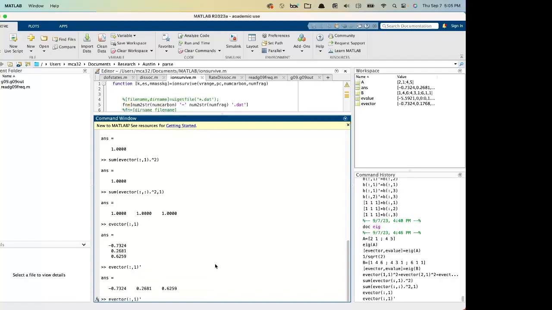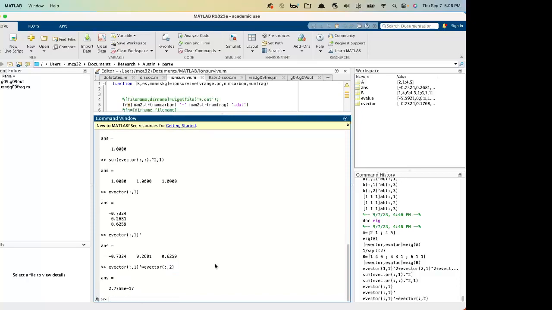So now, in order to do this, I can multiply it, and I get not 0, but 10 to the minus 17th, which is a pretty small number. Now, for those of you thinking ahead, of course, I can do with the dot product what I just did before with the sum if I do a dot product of the vector with itself.